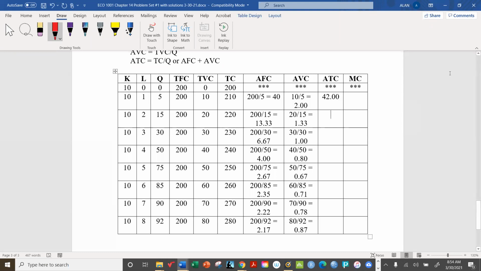And we'll come up with 42.40, 14.66, 7.67, 4.80. So much easier. Then 3.24, 3.06, 3.04.